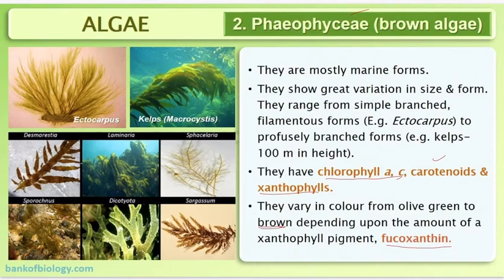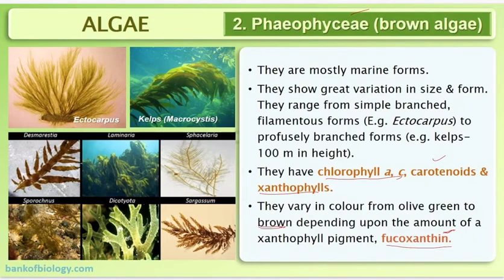In xanthophyll, particularly this fucoxanthin is responsible for brown color. Species belonging to this class of algae are brown in color because of the presence of a special xanthophyll pigment called fucoxanthin. So this is for NEET exam, you must remember.